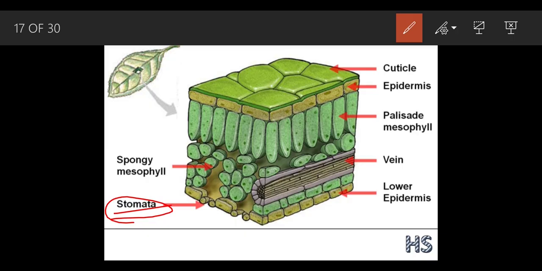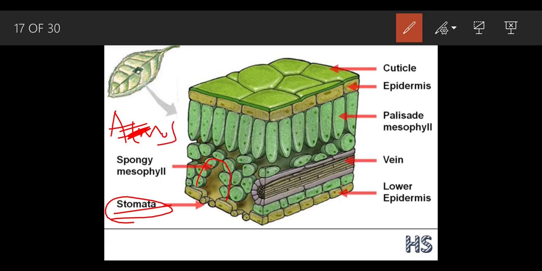See, now we have to take two sides. One is the inner and the other is the outer. This is the inner side of the leaf, and I'm going to write here atmosphere. Atmosphere is the outer side. Okay, and this leaf is the inner side.